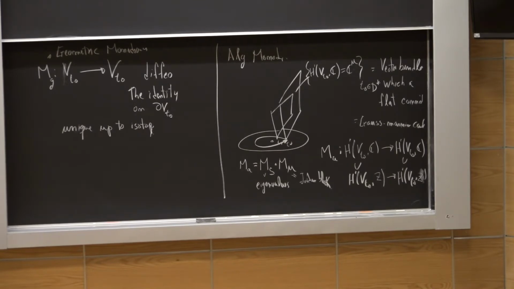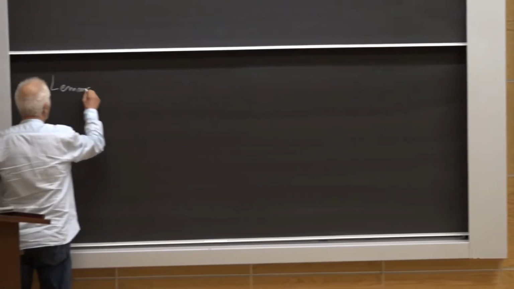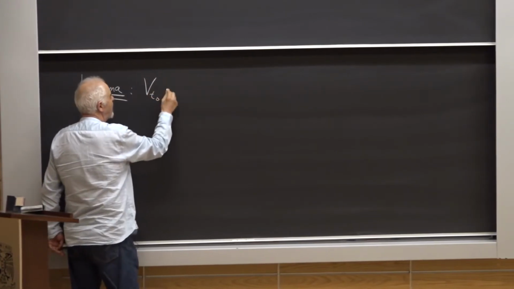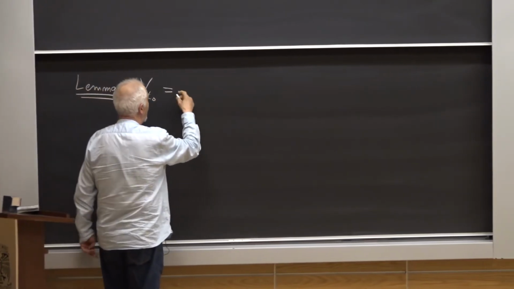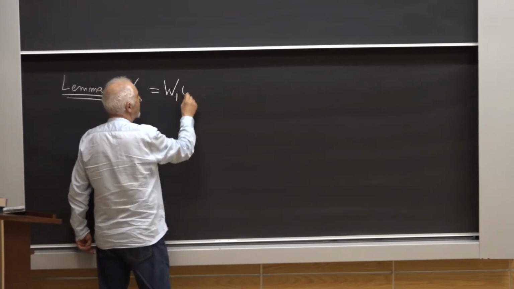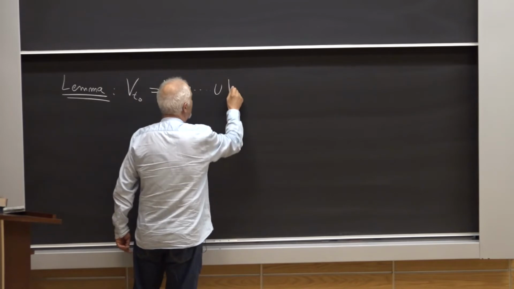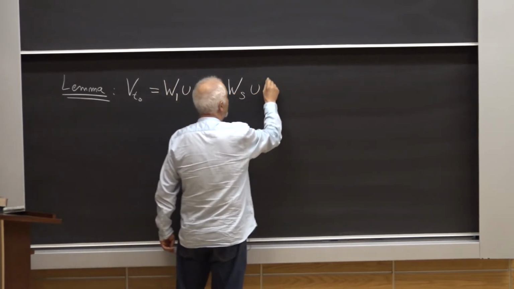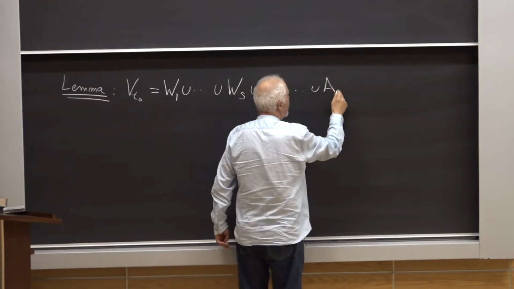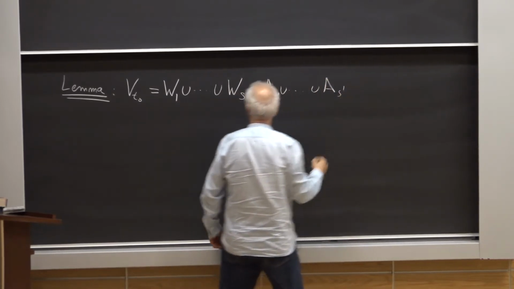Now, lemma. So this V_t0 may be decomposed as a union of, let's call it, W1 union W_S union A1 union S prime.